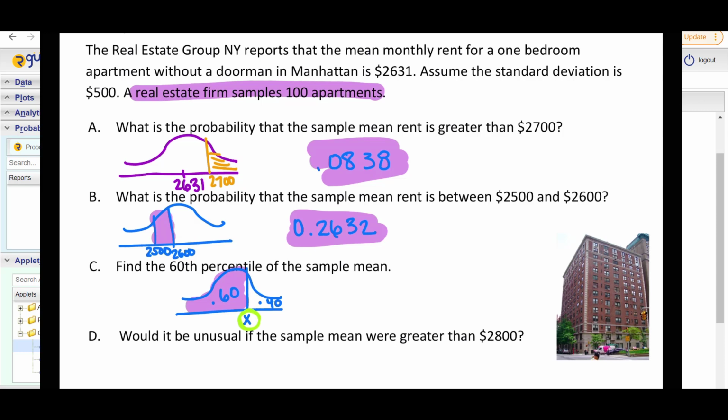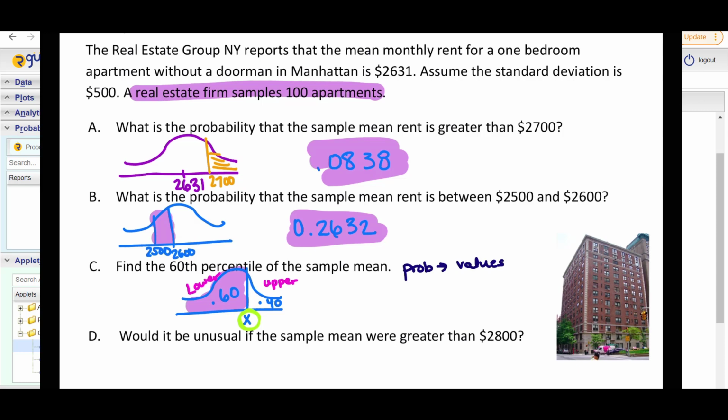So this time we are going to do probability to values. This is the lower tail, and this side is the upper. If you were to do lower tail, you need to put in 0.60. Upper tail, you need to put in 0.40.